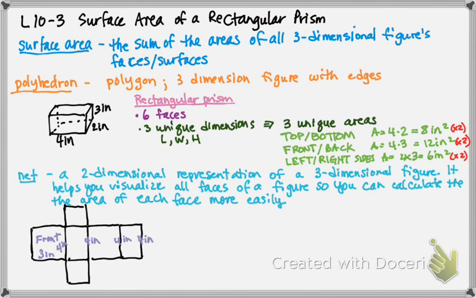Now, not all the lines are 3 inches, right? Because 3 is just that kind of intermediate. And remember, the front is not attached to the back. In fact, it's separated from the back. So the front and the back are separated from another piece. And that piece that's separated from is the bottom and the top.